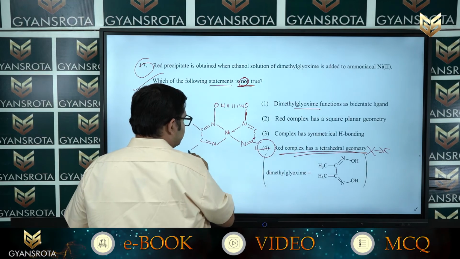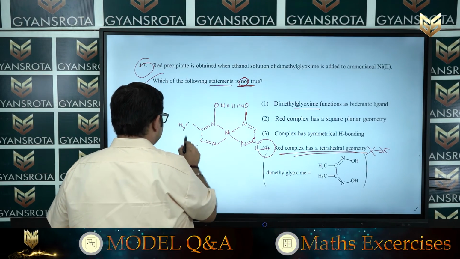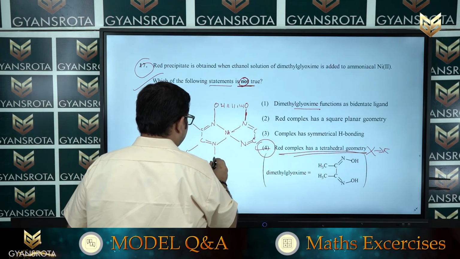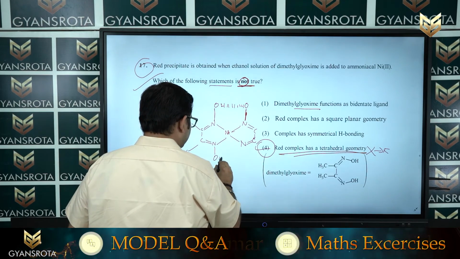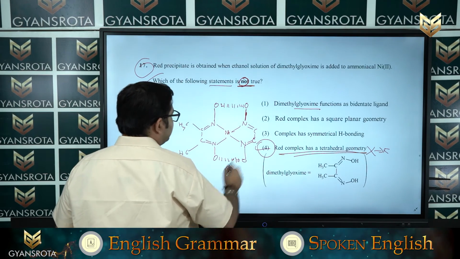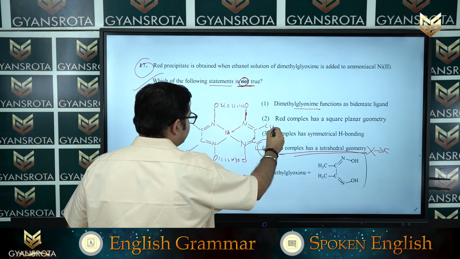Another one here, CH3 and CH3, and another one here, O and H. So this kind of square complex will form.